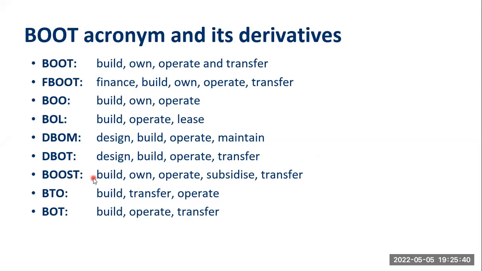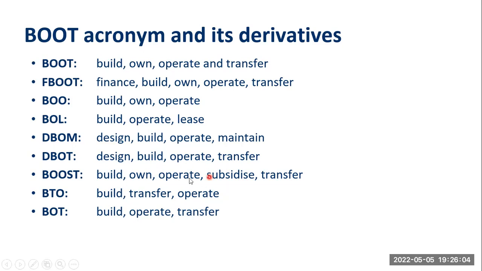Then have BOOST. As you build, you own, you operate, you subsidize and transfer. Subsidize here is a new term, which means that the client who may acquire it, the transfer system, may acquire the thing you're talking about at a reduced price.